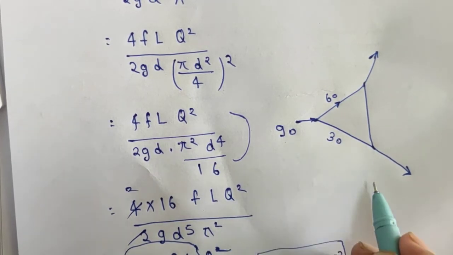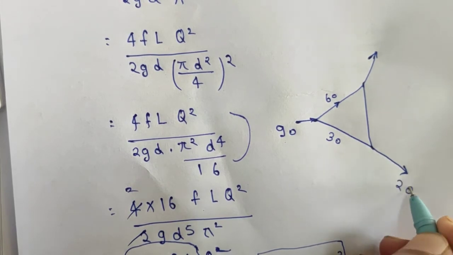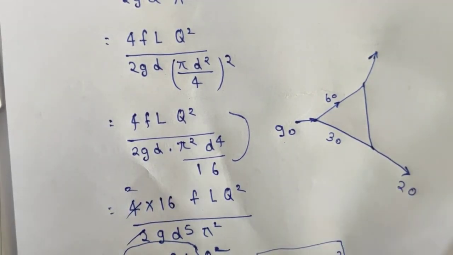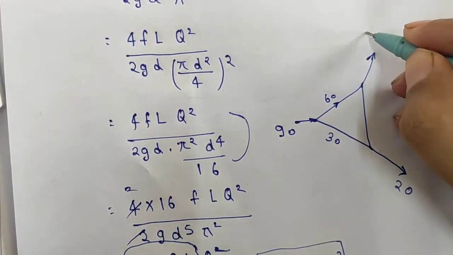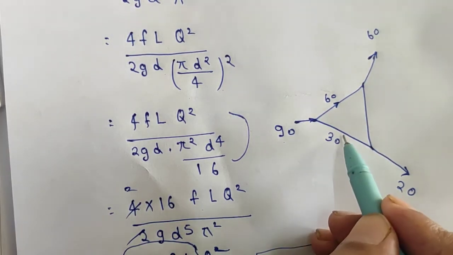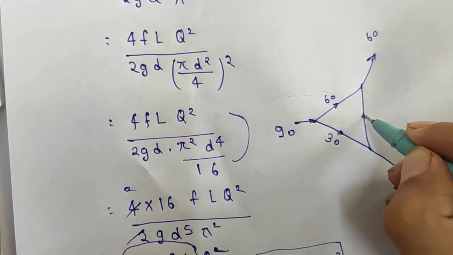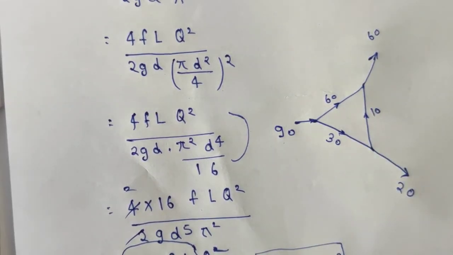This 90 is bifurcated. So if 20 is getting out from this section and 60 is getting out from this section, that means out of this 30, 10 is getting out from this section, right?